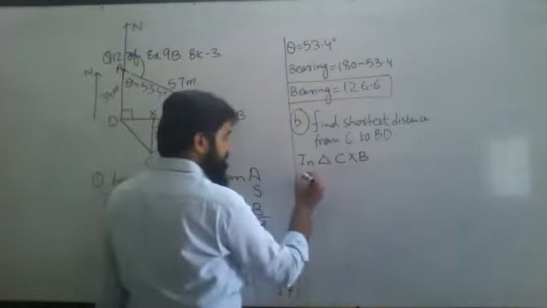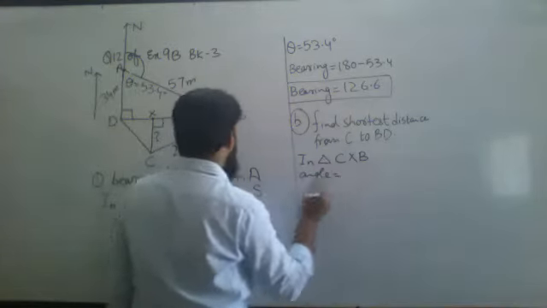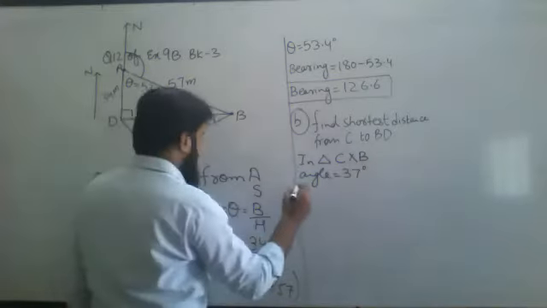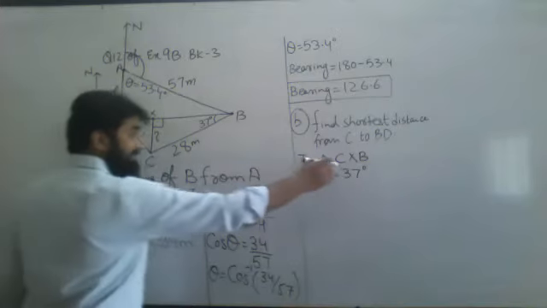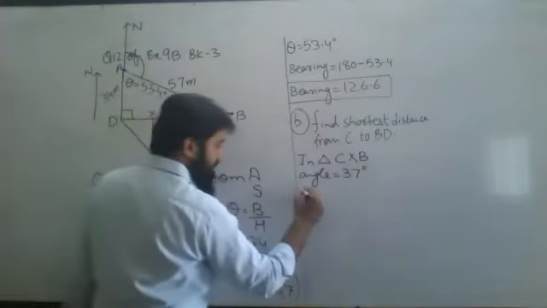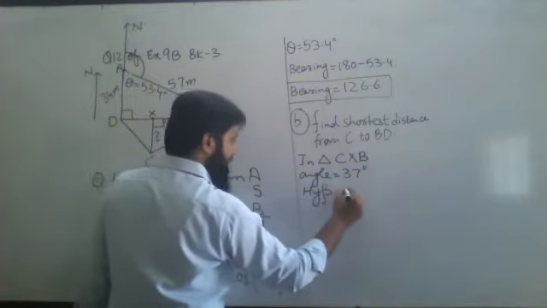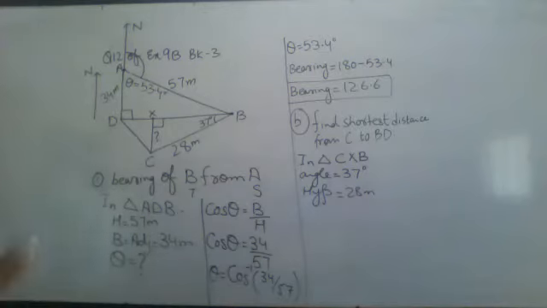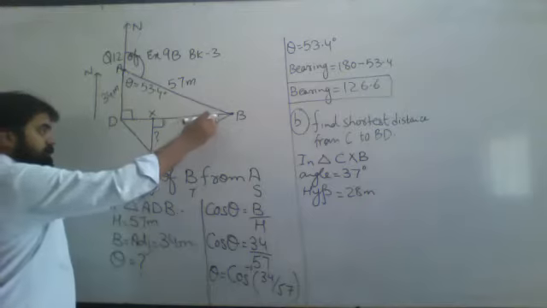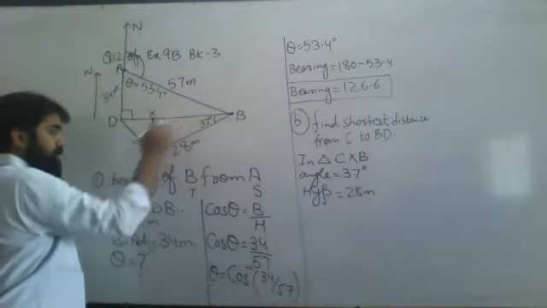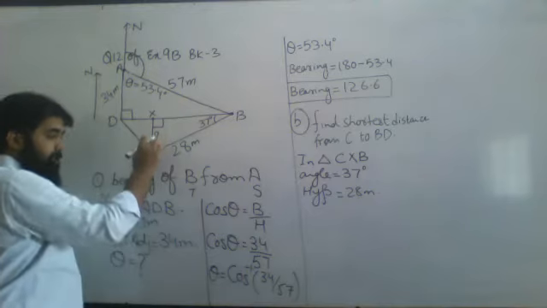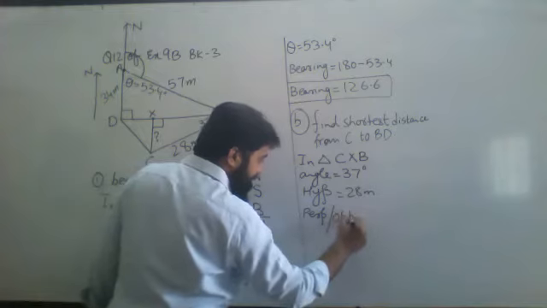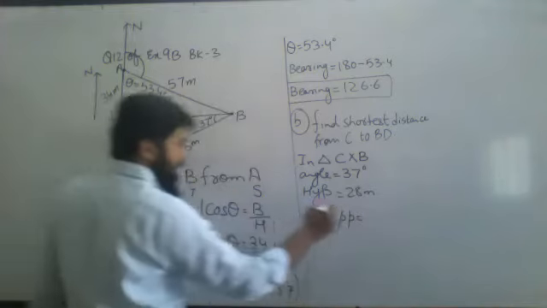So the angle is given, 37 degrees. In CXB, this one is the hypotenuse. The hypotenuse is 28 meters. And I have to find this one which is opposite to this angle. You can call it opposite or perpendicular. The perpendicular or opposite side is unknown.